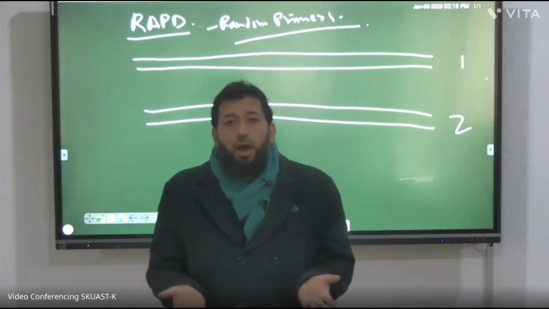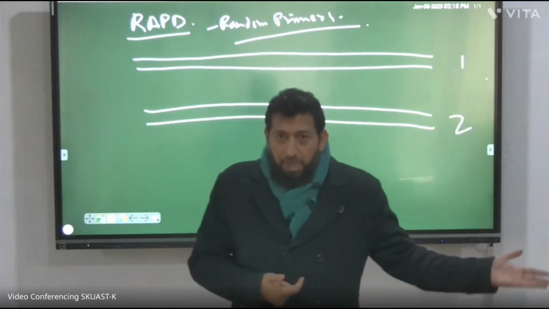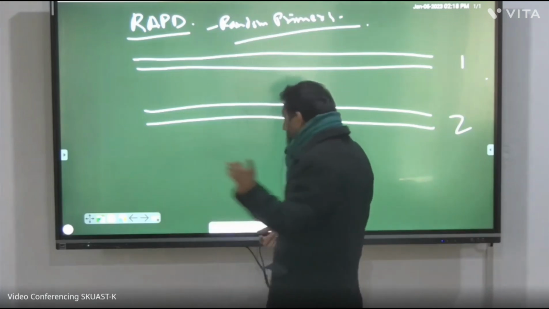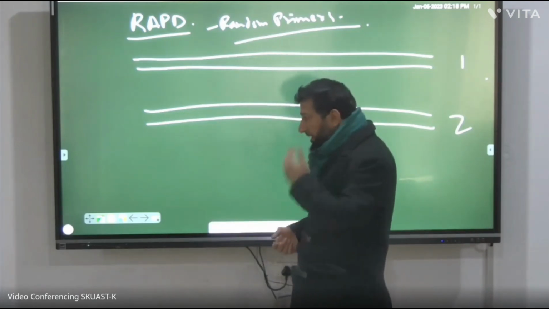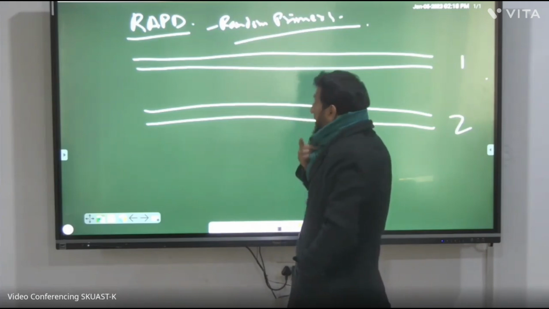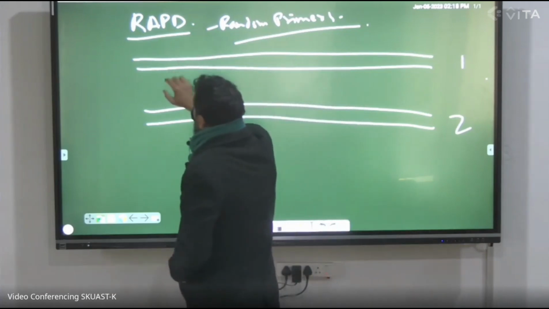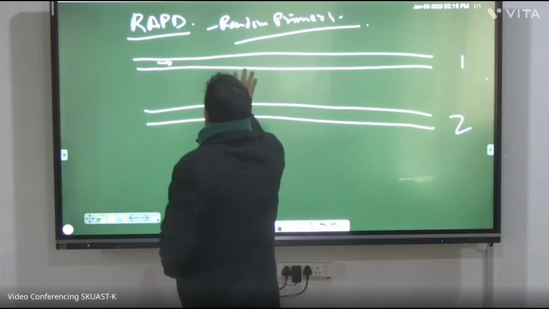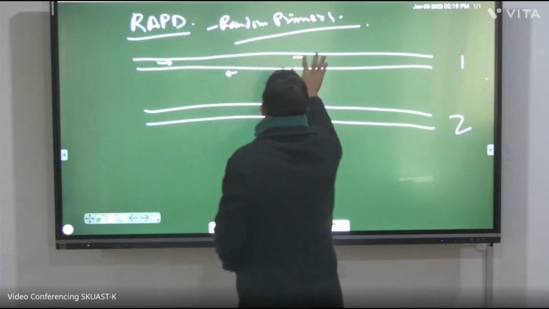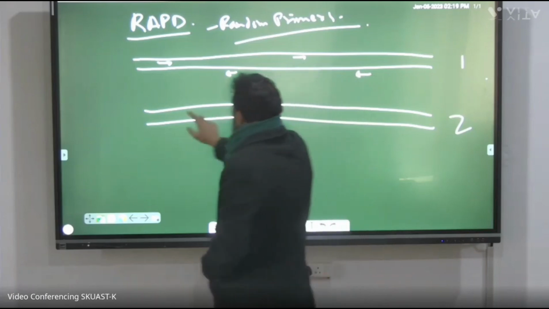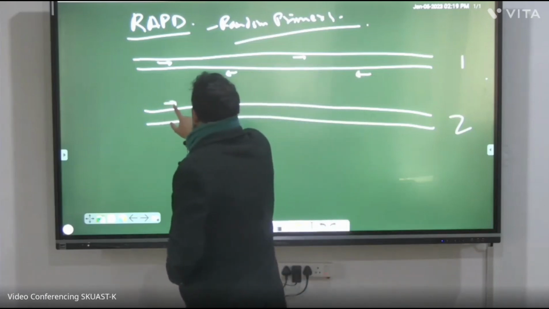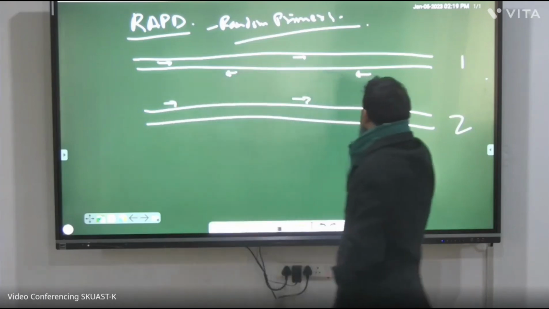They'll bind to one type, they will not bind to the other type. So, for example, I use some random primers, so they will bind here, and here, and here, and here, and say here.